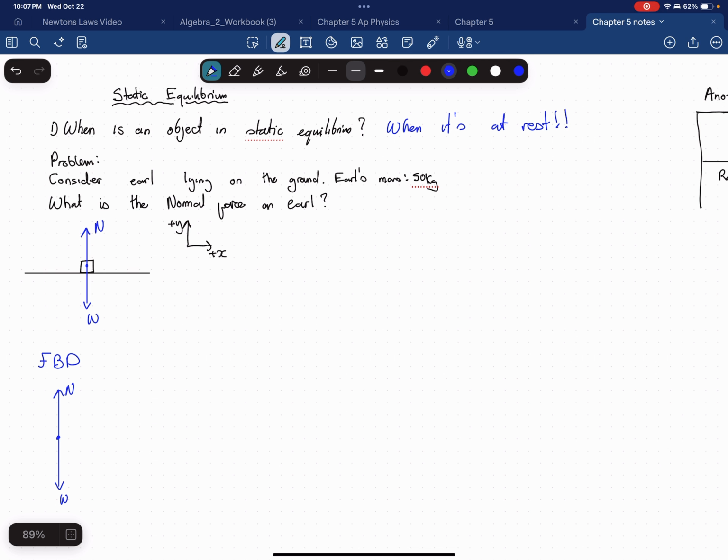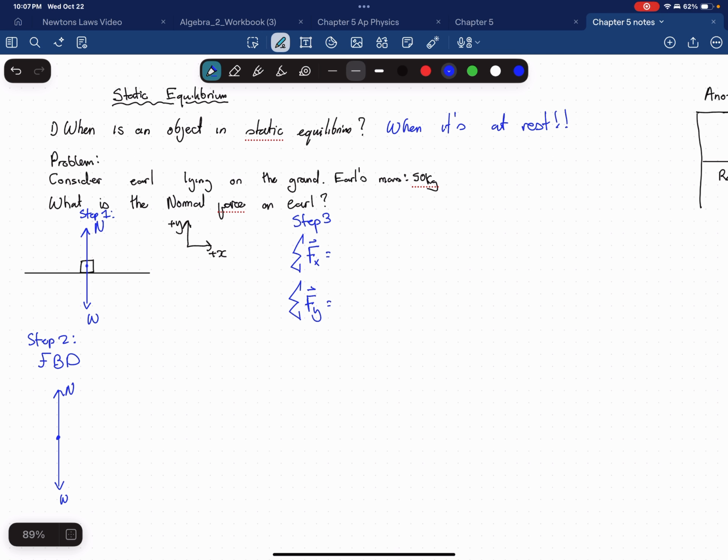Step one, step two, then step three. We want to calculate the sum of forces in the x direction and the y direction.